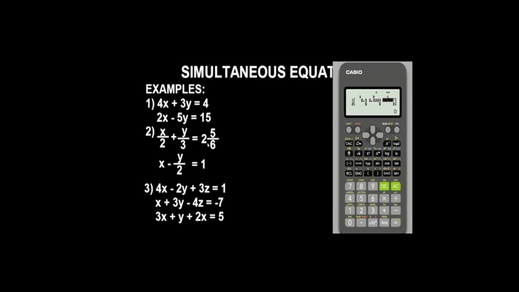Just convert it to an improper fraction, and to do this, you just say 6 times 2 is 12. 12 plus 5 is 17. So we have 17 over 6 here. That's 17 divided by 6. Press equal to enter.